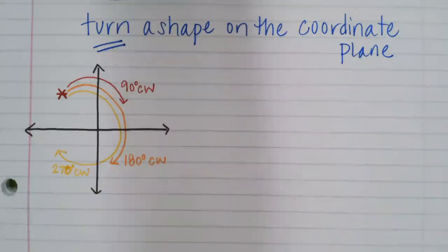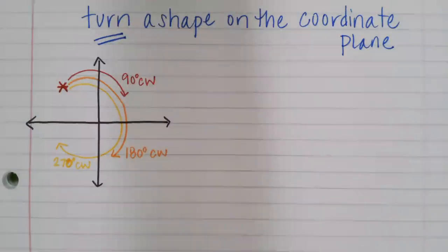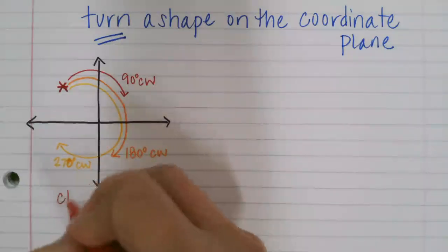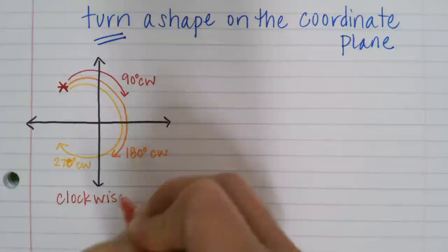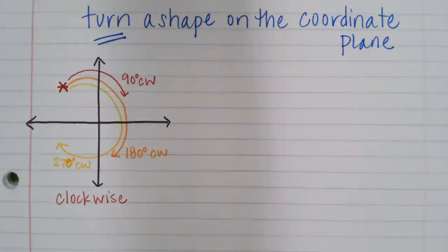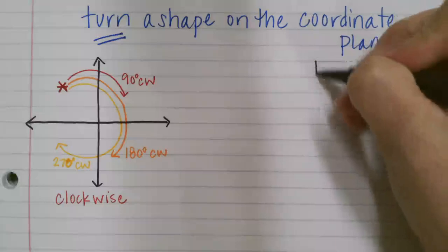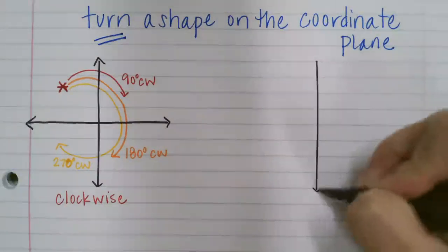All right, so let's make another one and talk about counterclockwise. So let me label this as clockwise rotations. All right, so now over here, I'm going to start with same idea.